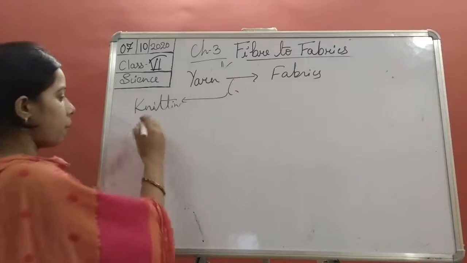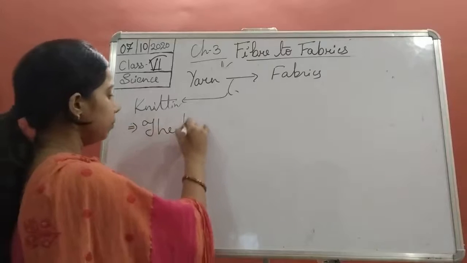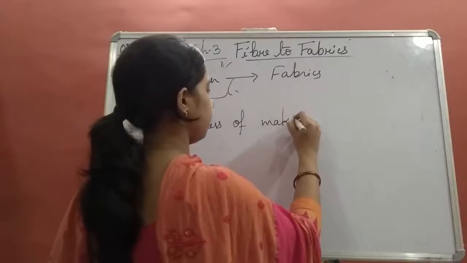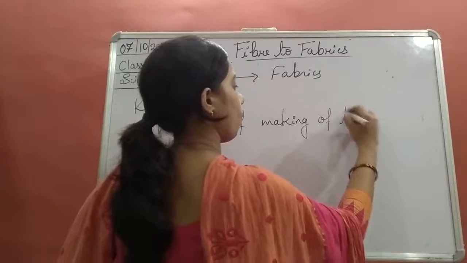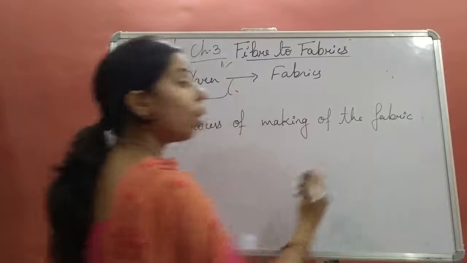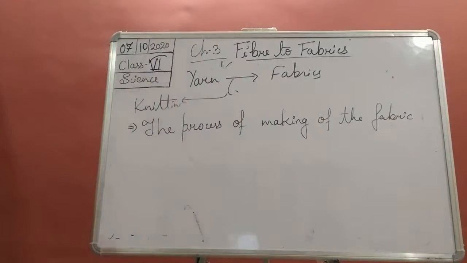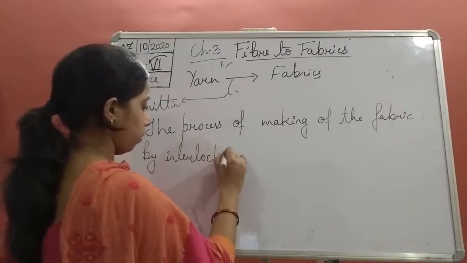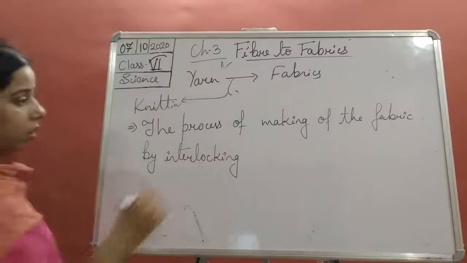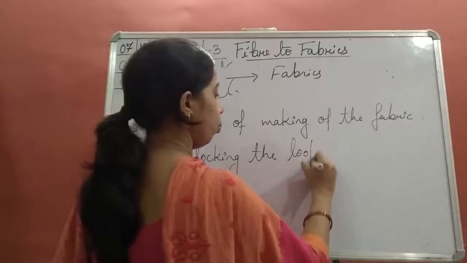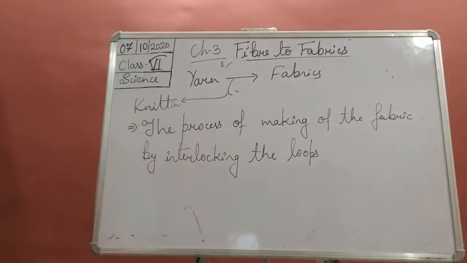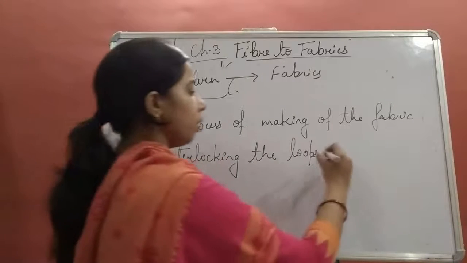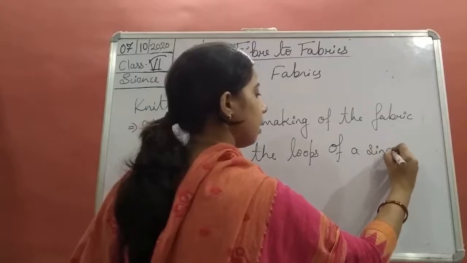So we can write it: the process of making the fabric by interlocking the loops of a single yarn with the help of a knitting needle or with the help of a knitting machine.